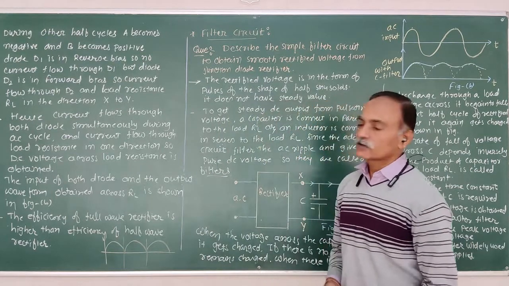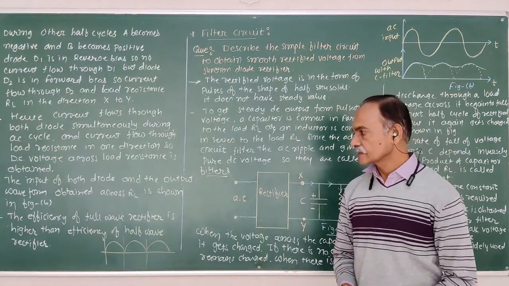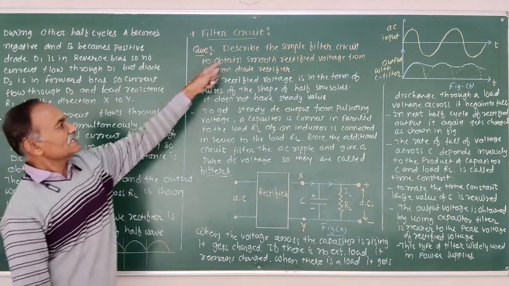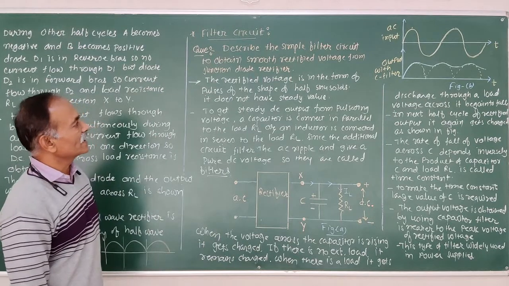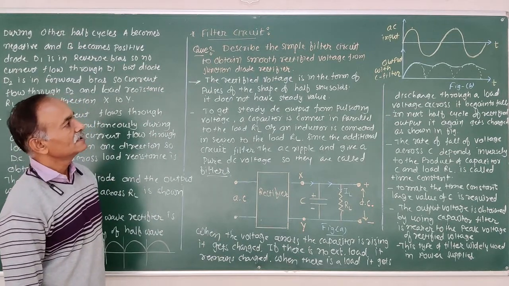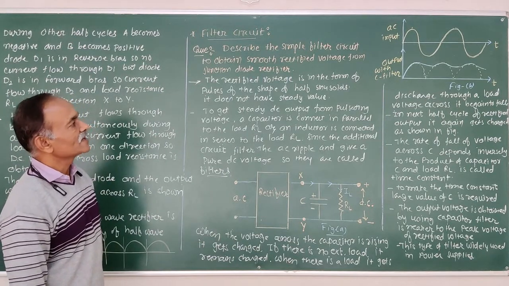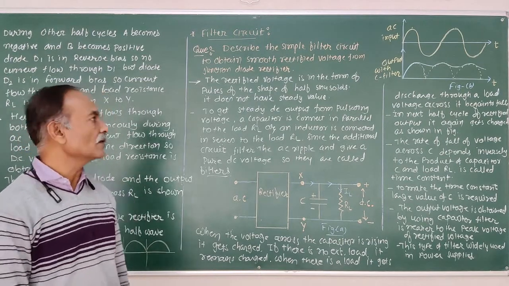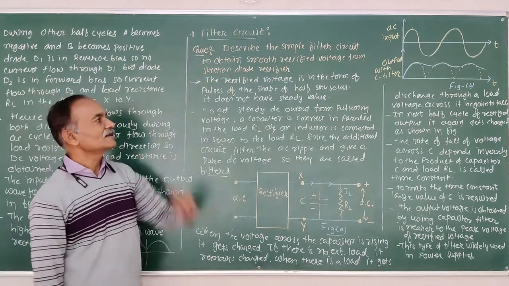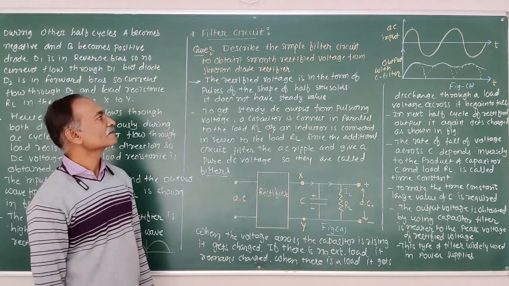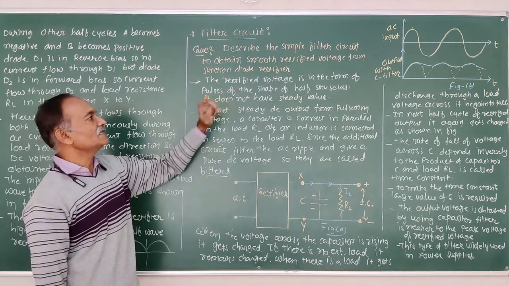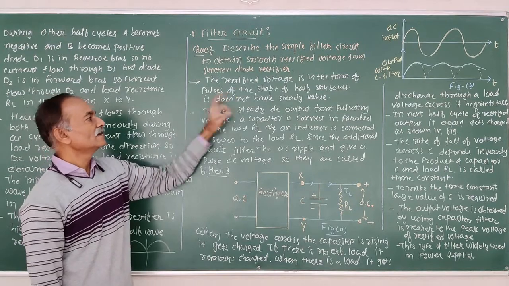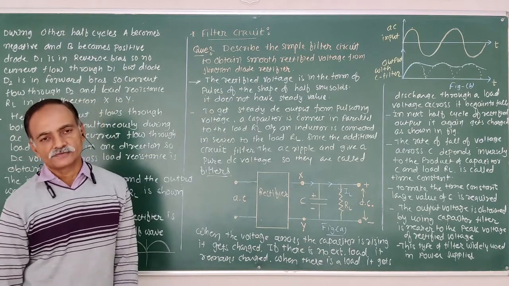Now we are going to discuss about the filter circuit. Again, the question is: describe the simple filter circuit to obtain smooth rectified voltage from junction diode rectifier. How do we obtain the pure DC voltage or smooth rectified voltage from junction diode rectifier? The rectified voltage is in the form of pulses of the shape of half sinusoid. It does not have a steady value.